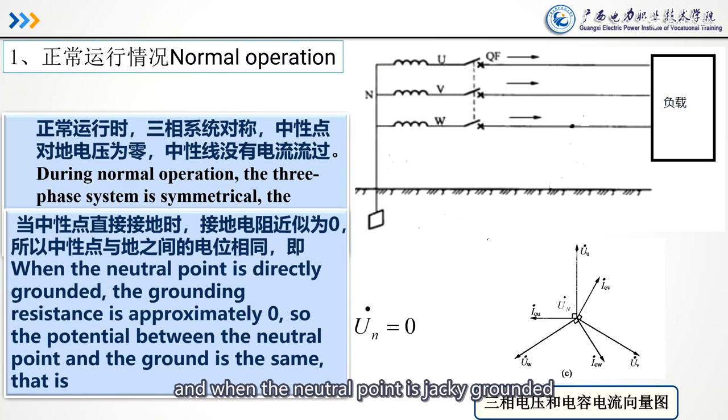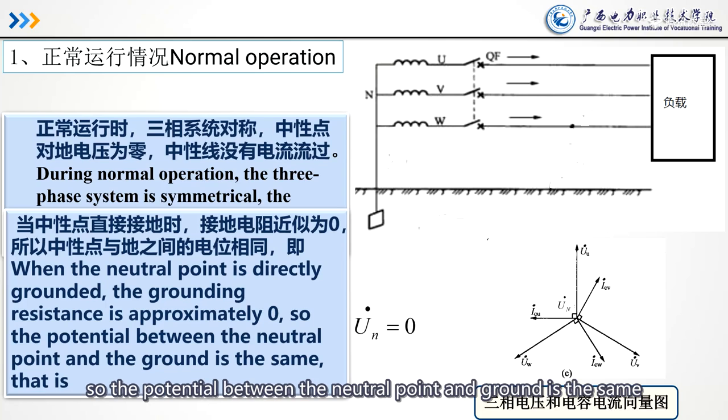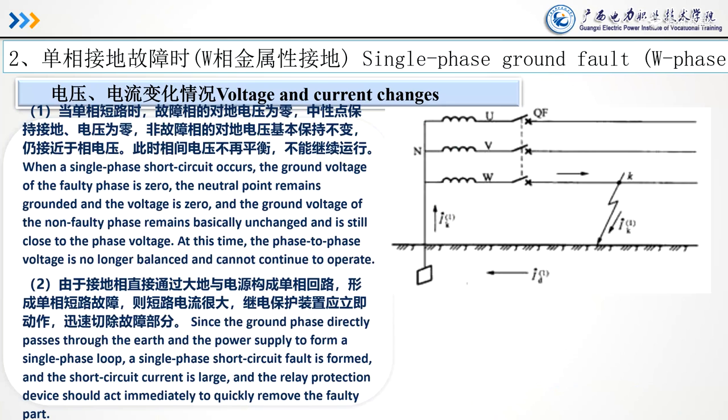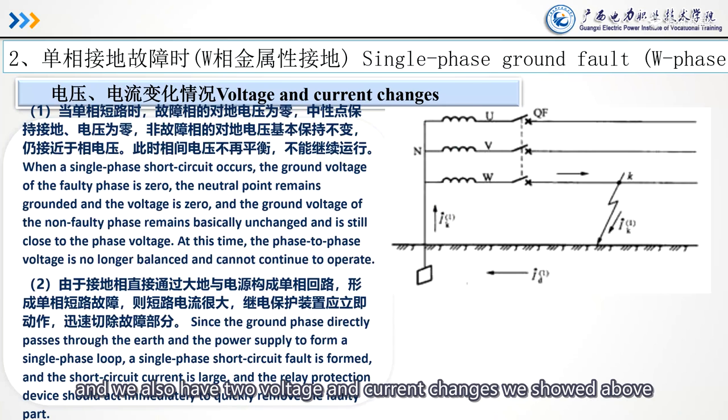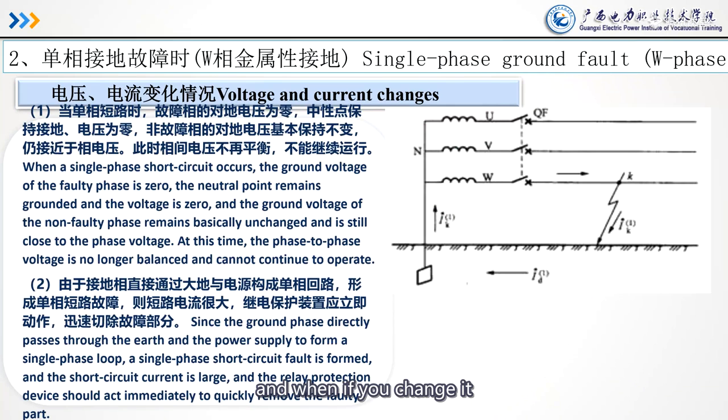When the neutral point is directly grounded, the ground resistance is approximately zero, so the potential between the neutral point and the ground is the same. We also have the voltage and current changes we showed above. If you want to learn more about it, you can read by yourself.